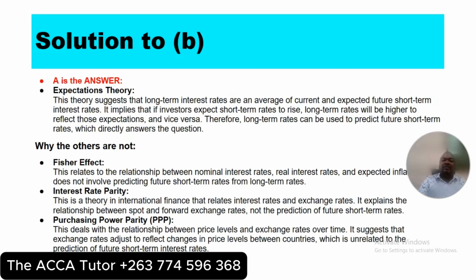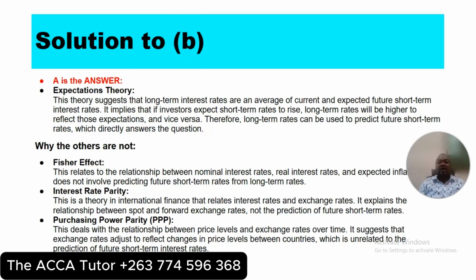Now the expectations theory suggests that long-term interest rates are an average of current and expected future short-term interest rates. It implies that if investors expect short-term rates to rise, long-term rates will be higher to reflect those expectations, and vice versa. Therefore, long-term rates can be used to predict future short-term rates, which directly answers the question.